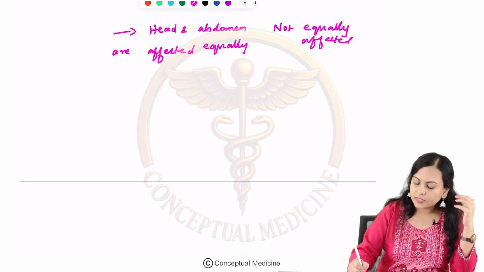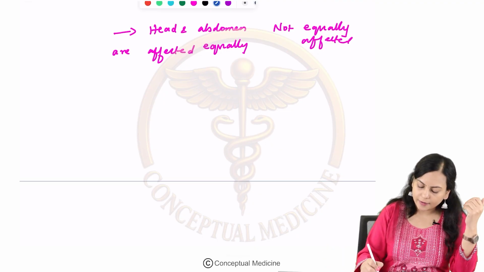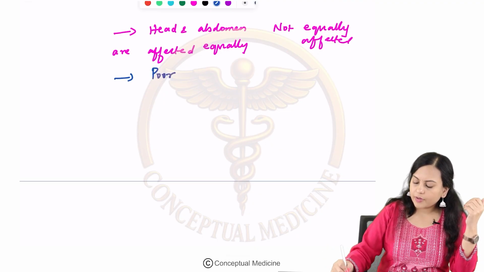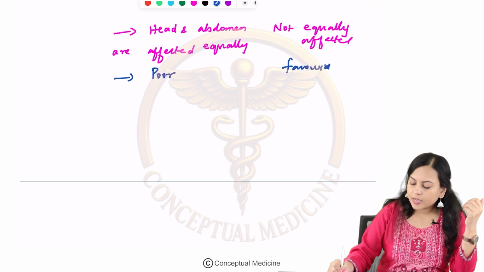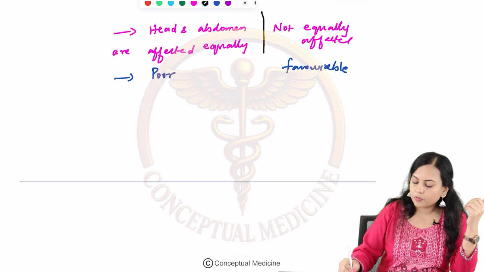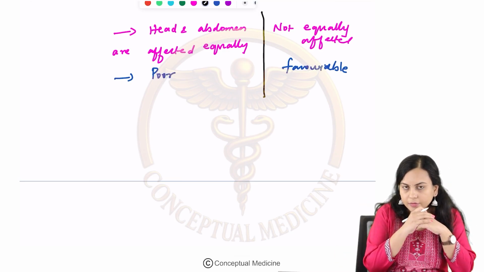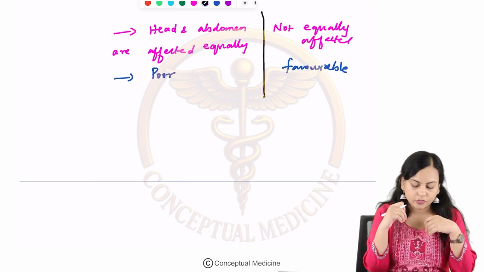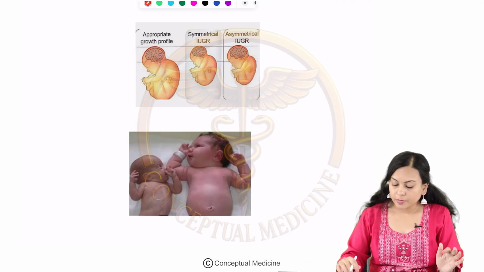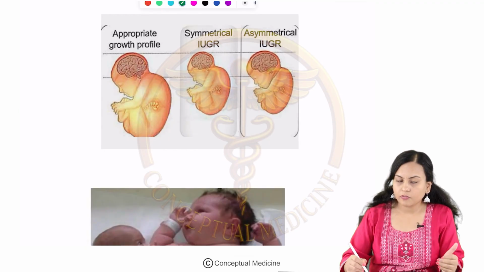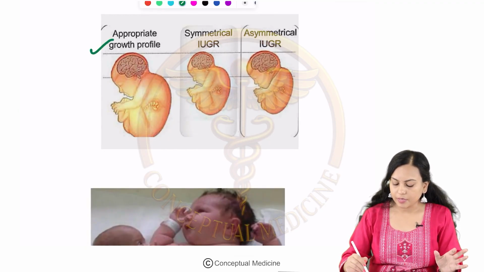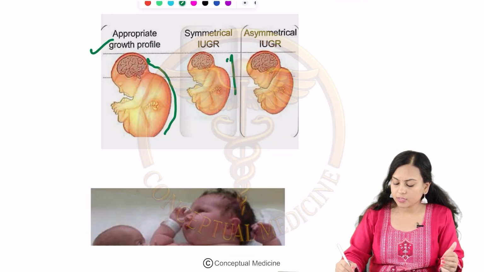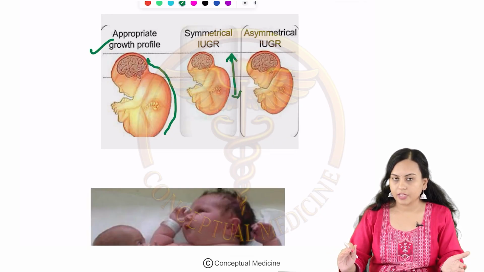And if you see the prognosis of symmetrical IUGR, the prognosis is poor, whereas since asymmetrical IUGR is reversible, the prognosis is going to be favorable. Clear? I hope you got this, the difference between symmetrical IUGR and asymmetrical IUGR. So, if you see this picture, you will be able to understand. So, this is a picture of an appropriate growth profile baby. Okay, so you see how the head is and the torso is. Whereas in a symmetrical IUGR, the whole size of the baby is reduced from the head to the torso.